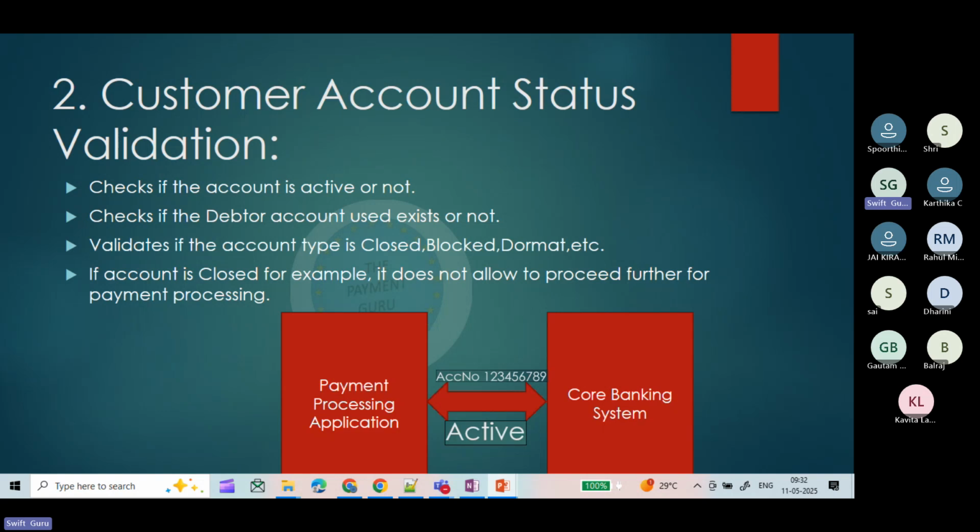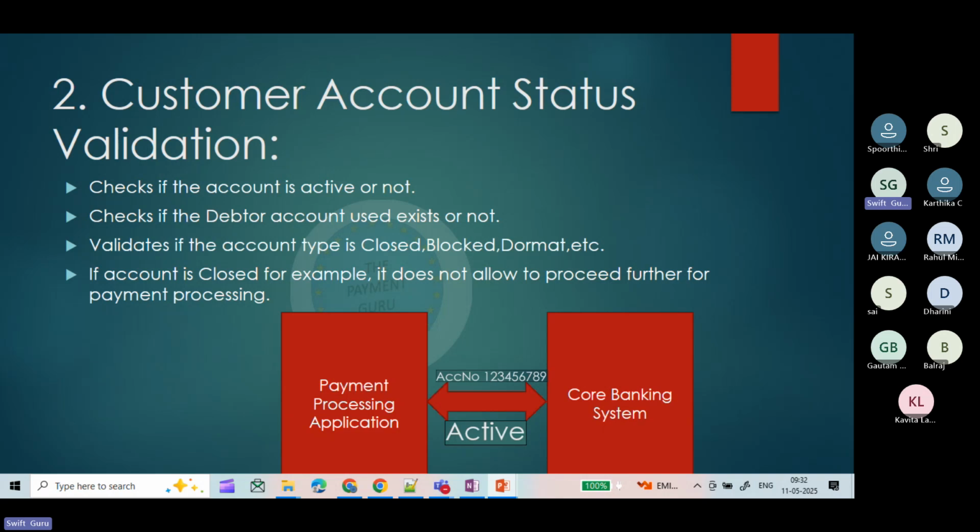If you want to know about the loans, some application will create an API to interact with the core banking system to fetch certain information. So it has all the details, updated balances for the customer account. It has information on whether the customer account is active or closed or dormant. All this information is available in the core banking system.